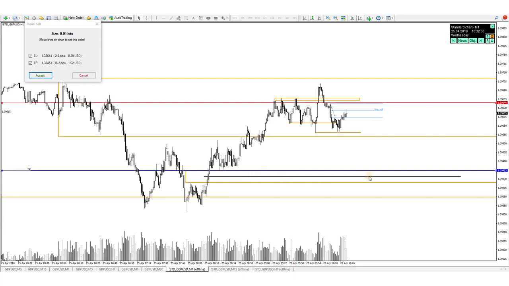But this 50, this black line, can also be reached. There's of course the potential, but we measured this before. Yes, I just deleted the measurement and drew the black line here. This can also be reached. But the higher edge of the M15 imbalance is also attractive, because this is 16 pips.